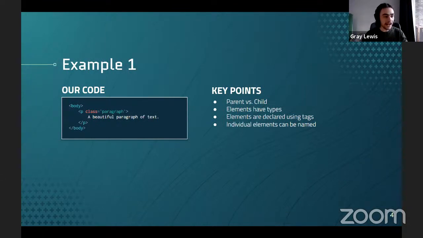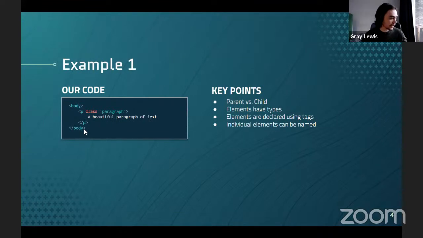So here we have our first actual example of what HTML looks like in practice, right? So you'll notice on the left here, I have the actual code. You'll see two layers, in a sense, of elements. We have this body element here, all the way to the left.